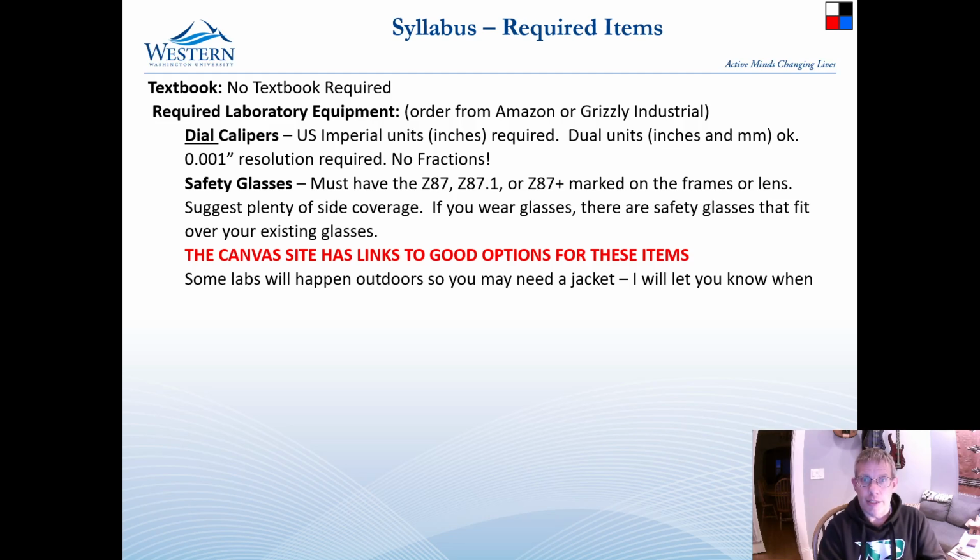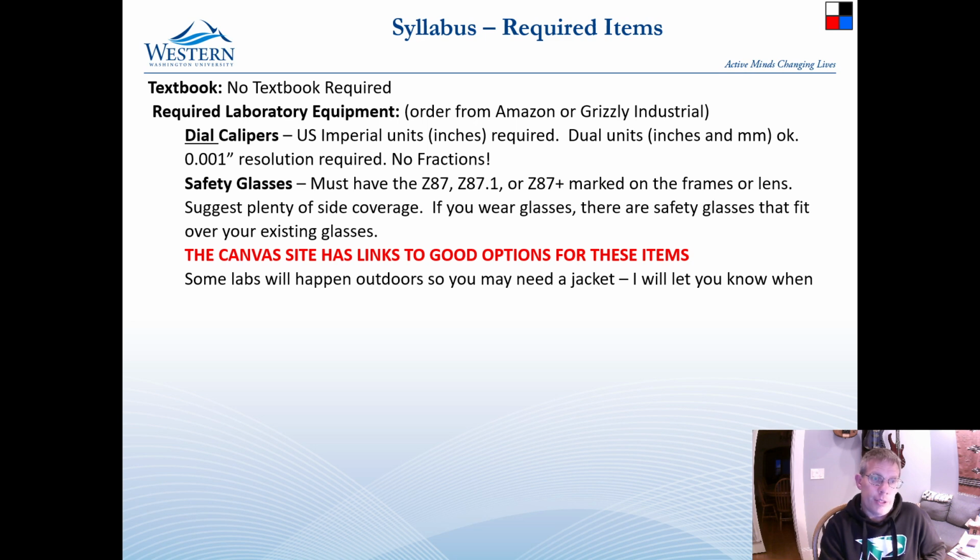Sometimes students ask if they can wear their chemistry goggles. Most goggles do not have this impact resistance. If they do have it, you could wear them, but it's not really a very good choice. Safety glasses are relatively inexpensive. They're sort of $1 or $2 if you don't wear glasses, and up to $10 if you do wear glasses. And I know they're a little bit of a pain, but they're well worth it for keeping things out of your eyes.